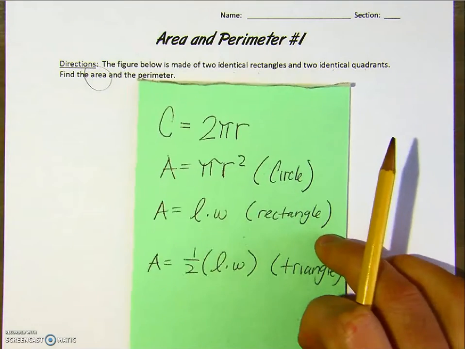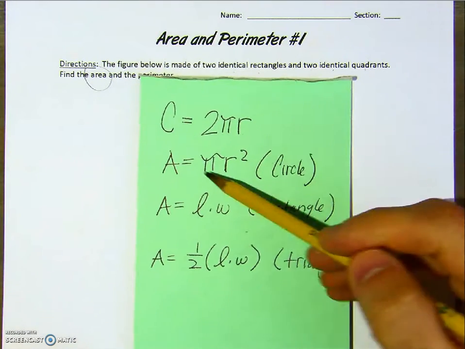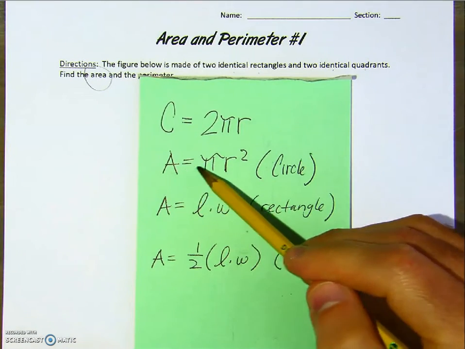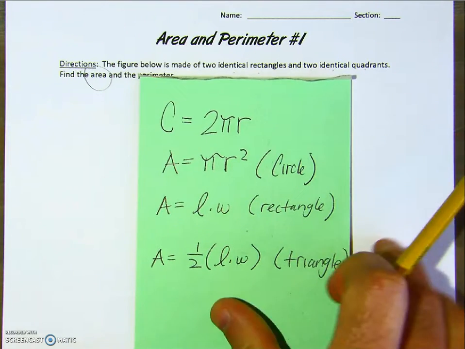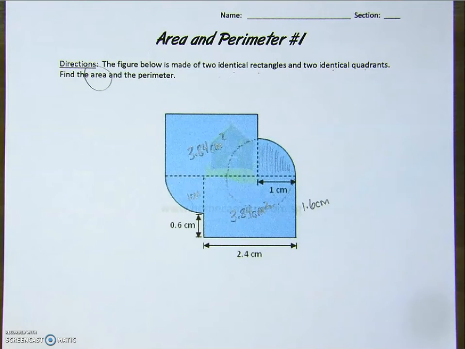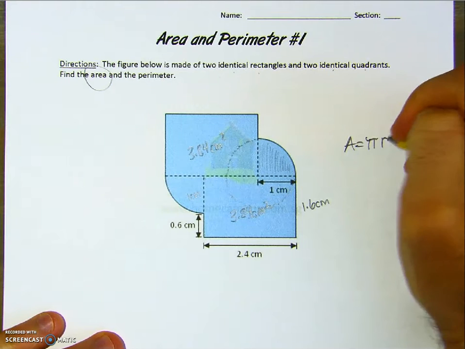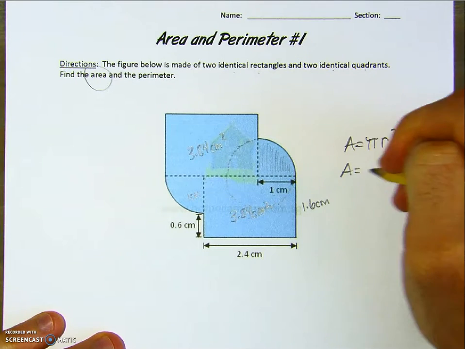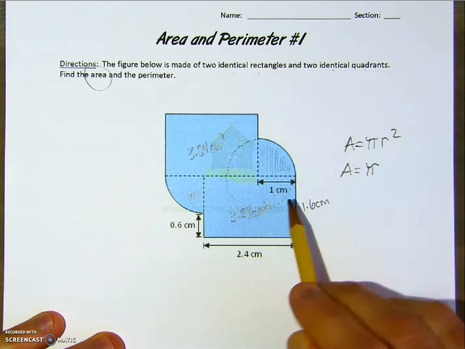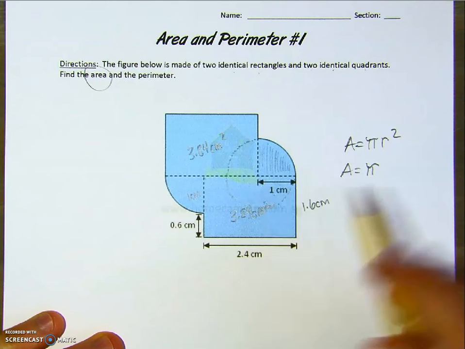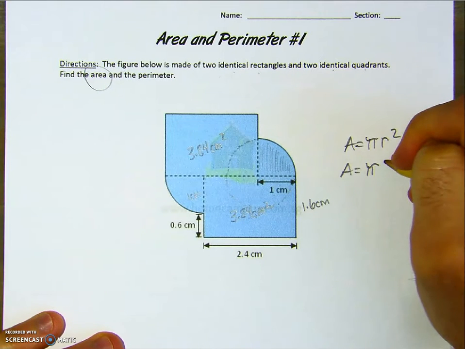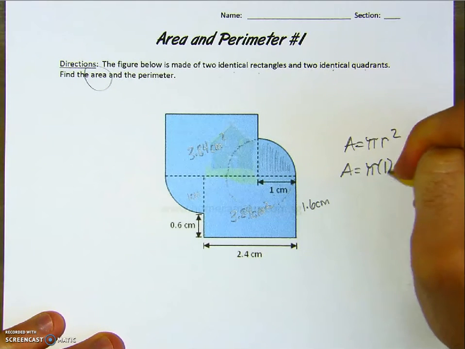I wrote down a few formulas that I know I'm going to use often, and I'm going to use this one right here. Area equals pi r squared. That's the area formula for a circle. A equals pi r squared. A equals pi. Let's find the radius of this circle. It looks like it's 1. Oh, that's going to make the arithmetic really easy.